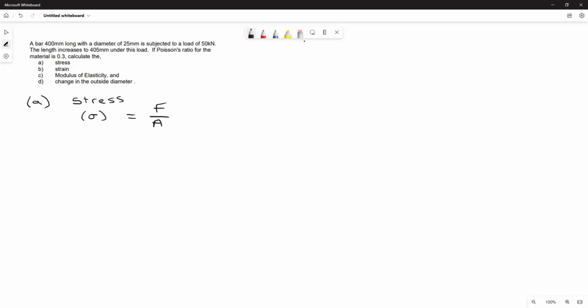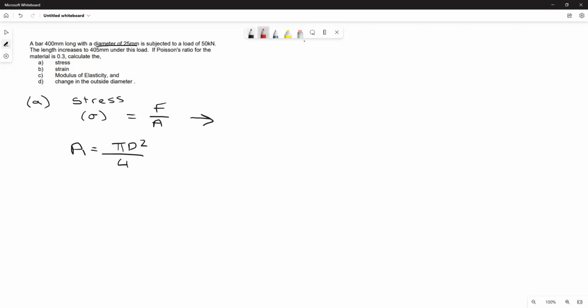To calculate the area in this particular question, it would be an area of a bar, so we know it's a round bar as it's got a diameter of 25 millimeters. So to calculate the area, we can do area equals pi d squared over 4.